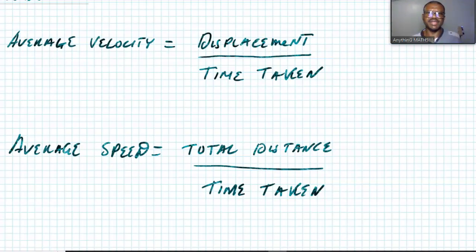So straight away we can see that the velocity is a vector quantity and the speed is a scalar quantity because velocity is defined in terms of displacement, and speed is defined in terms of total distance.